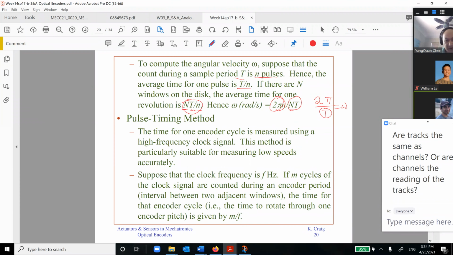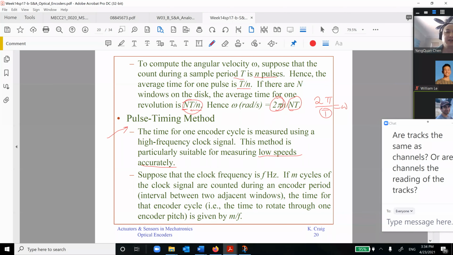That's simple. For the pulse timing method, you need a timer. If you use a very high frequency clock signal, it is suitable for accuracy at lower speeds. So if you want to measure speed accurately, the pulse timing method is better to use. Remember that.